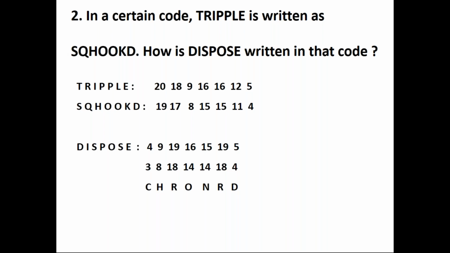So all of you get it? What is the logic? -1 is the logic for each letter. 20 -1, 18 -1, 9 -1, 16 -1, 12 -1, and 5 -1.